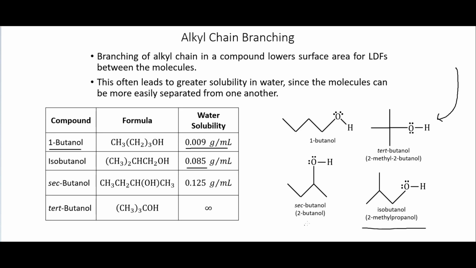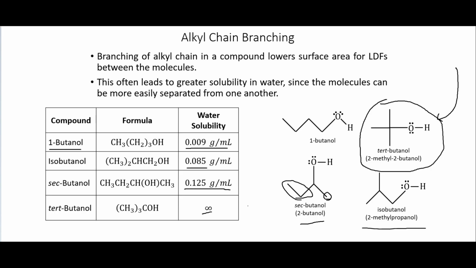Then with sec-butanol, which is even more branched, with one branch coming off on this side and another on this side, we go up another order of magnitude in solubility, 0.125 grams per milliliter. Then the most branched one, tert-butanol, becomes infinitely soluble in water. You can dissolve as much of that into water as you want, even though all of these have the same number of carbon hydrogen groups.